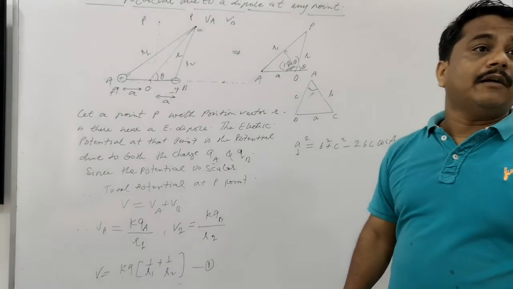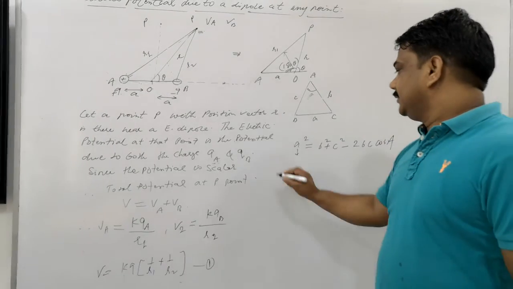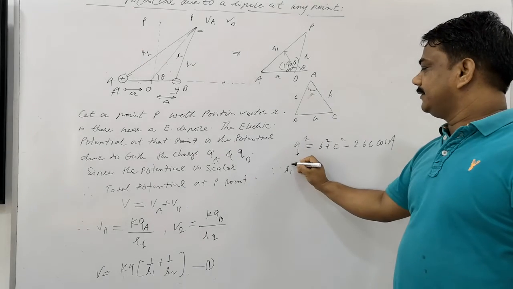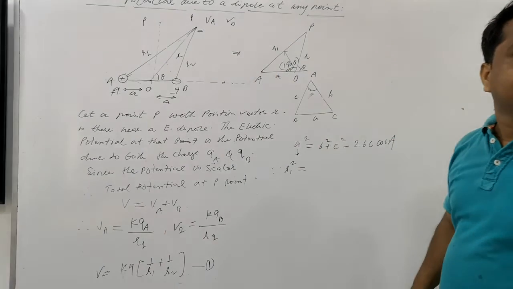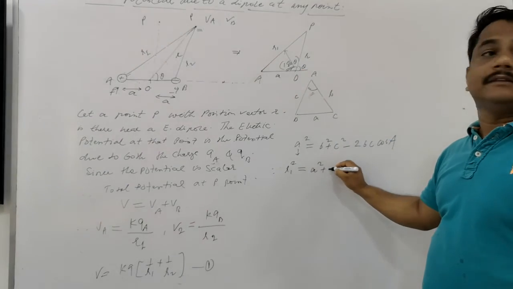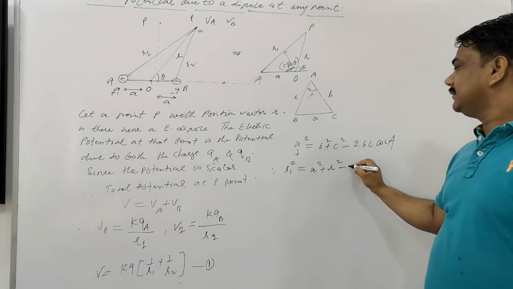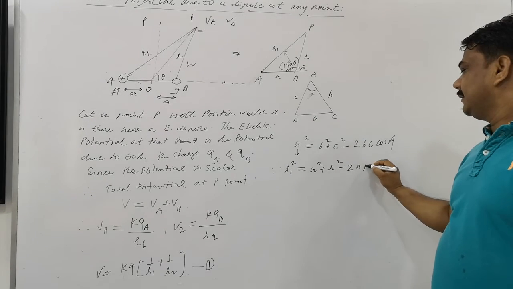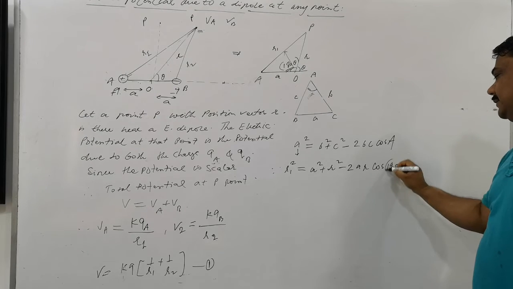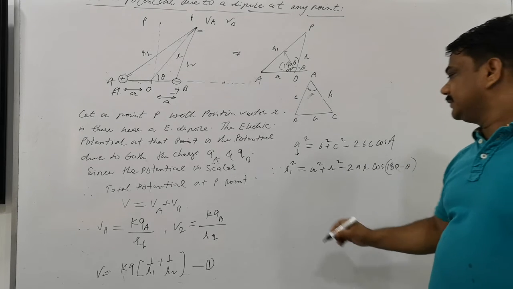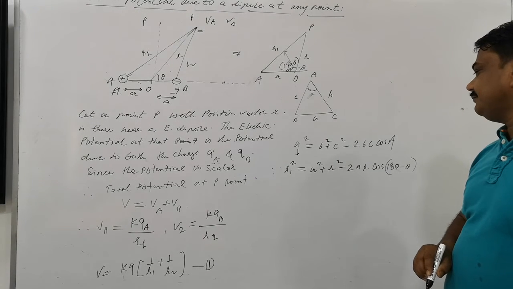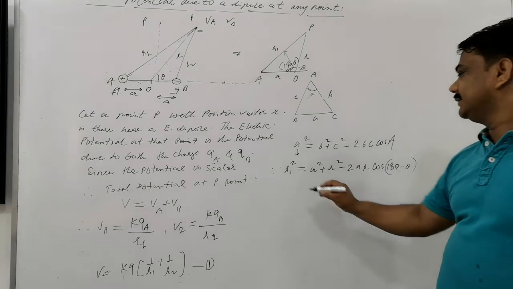So now calculating 1 by R1 and 1 by R2. So look here. What is R1 equal to? From this relationship, R1 is equal to, speak please. See on the diagram, R1 squared is equal to A square plus R square minus twice AR and cosine of 180 minus theta. Is that clear? Now further this can be done here, and we have to find out 1 by R1. So what next is?